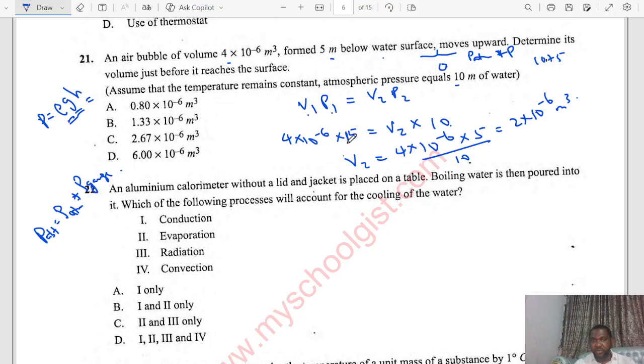So this is supposed to be 15. Let's calculate that quickly. 4 times 15 is 60, so this is 6 times 10 to the power minus 6 meter cube. So D is the answer. I almost made a mistake there.